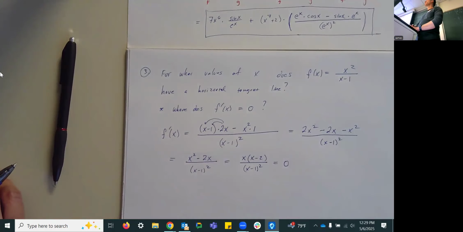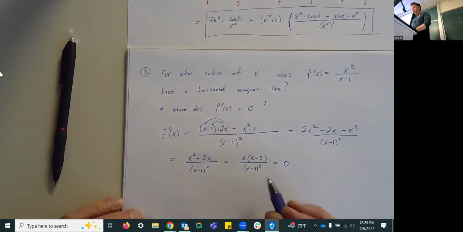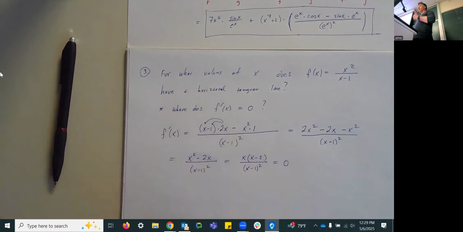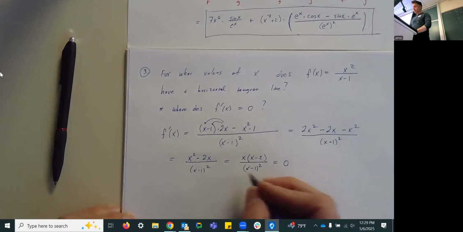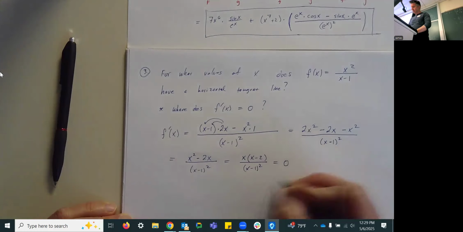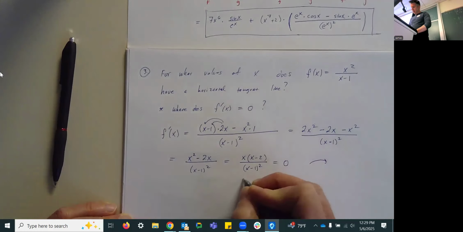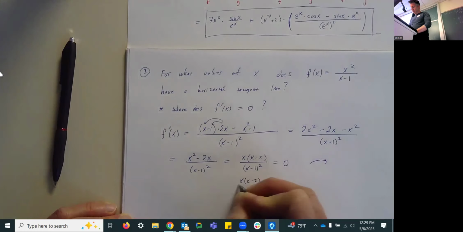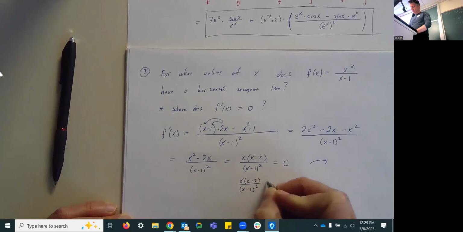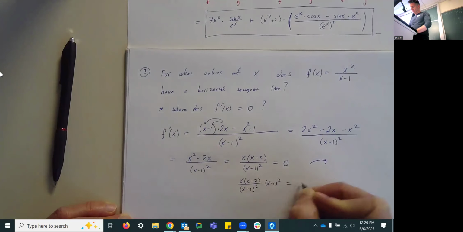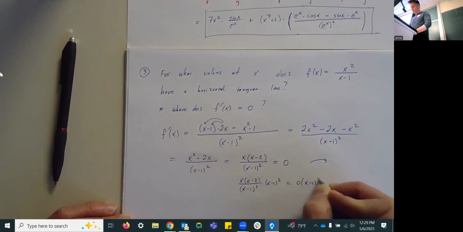Okay, all right. So let's take a look and see. So to solve this equation, the first step I'm going to take is multiplying both sides by the denominator. So if I multiply both sides by x minus 1 squared, here's what we get. We're going to get x times x minus 2 over x minus 1 squared times x minus 1 squared equal to 0 times x minus 1 squared.